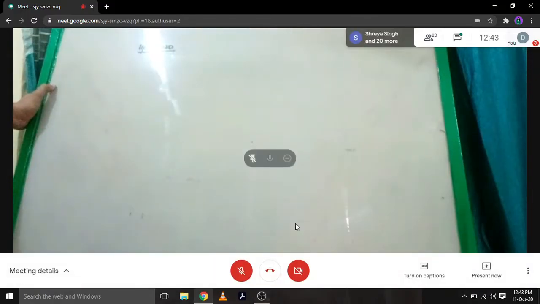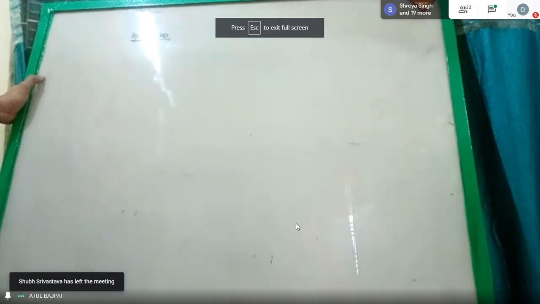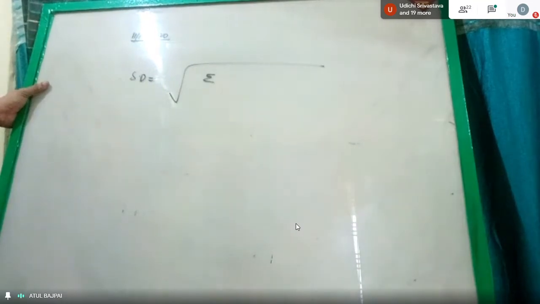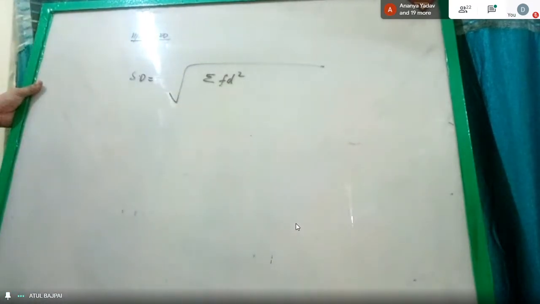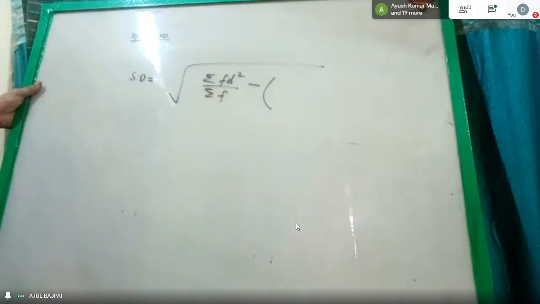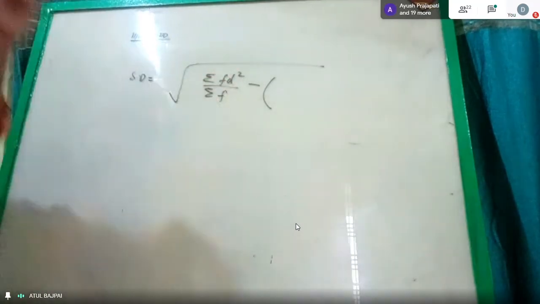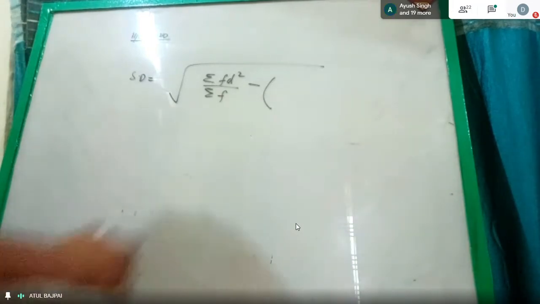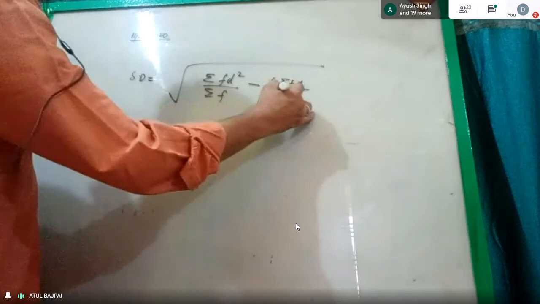The standard deviation formula is square root of sigma f d square upon sigma f minus, bracket, sigma f d upon sigma f, whole square.